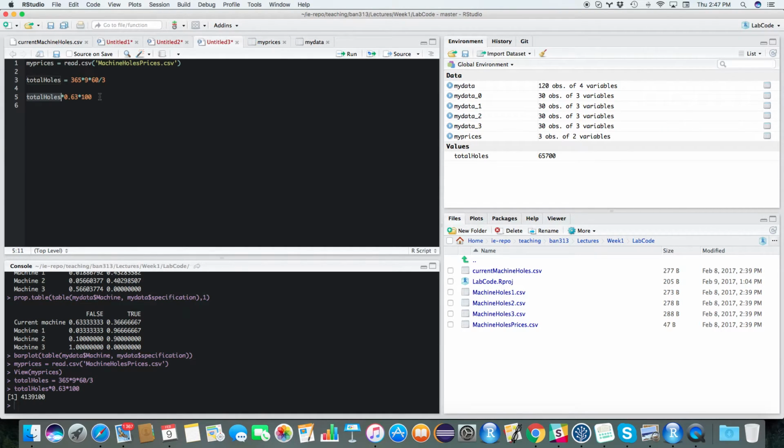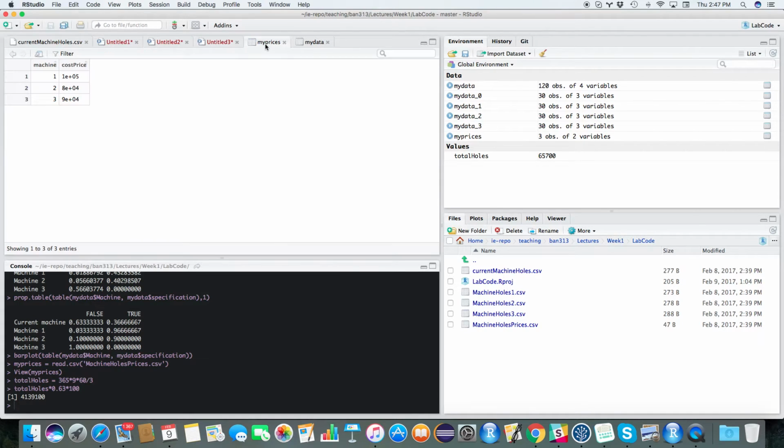If we want to see how much machine 1 is going to cost us, again, that's going to be the total holes times 0.03 times 100. And the other thing now is we actually need to add the price of that machine. That comes from our my prices data. That is 1 times 10 to the power of 5, which is 100,000.